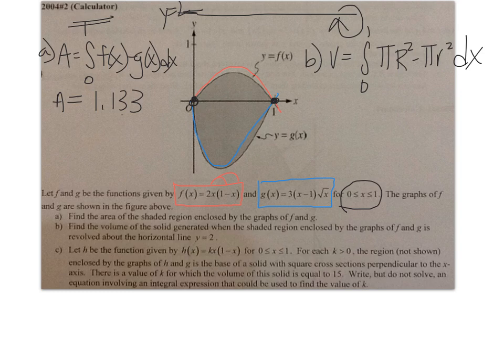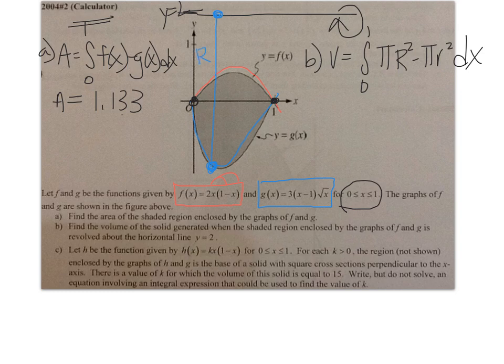So now we are going to have to figure out what the radii are, big radius and little radius, for this problem. So the big radius is the distance from the axis of revolution all the way down to this lower curve.